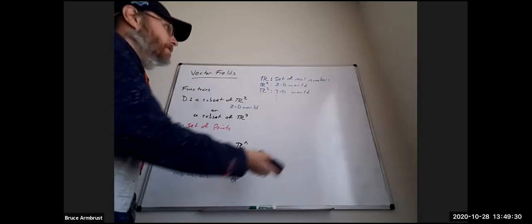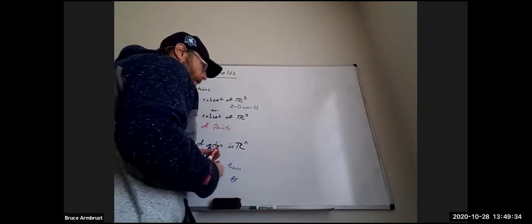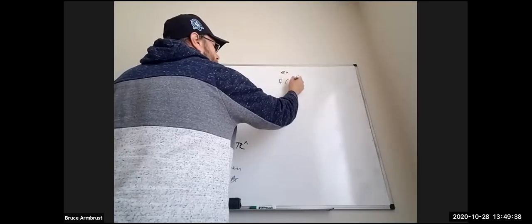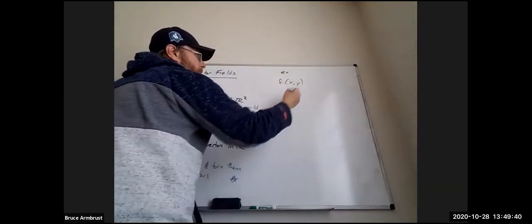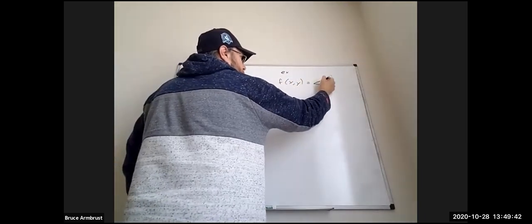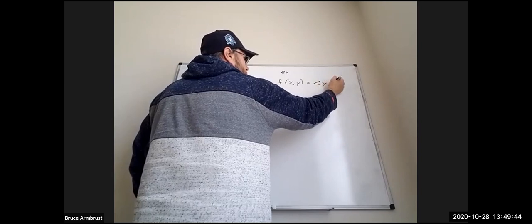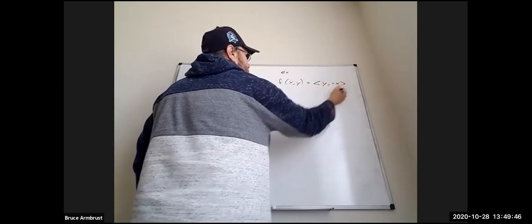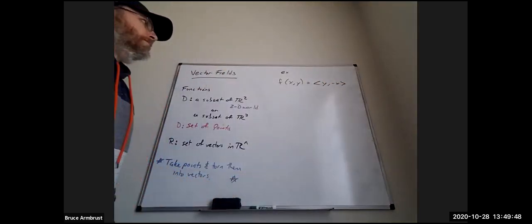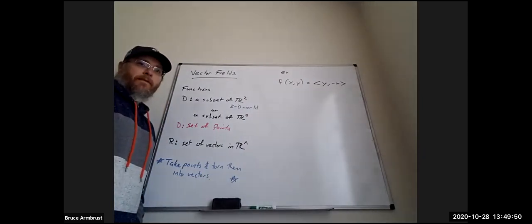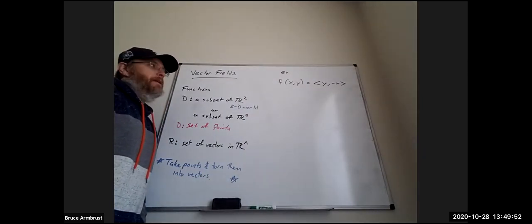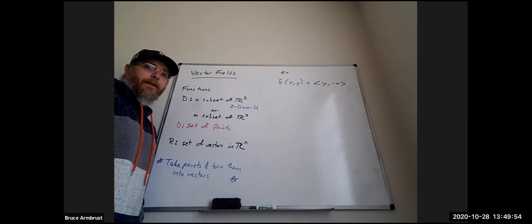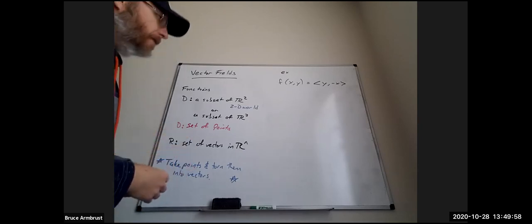All right, so this is what they look like. Here's an example of one. Let's go with f of x, y equals y comma negative x. So I'm plugging in the point x, y, and I'm getting out the vector y, negative x.